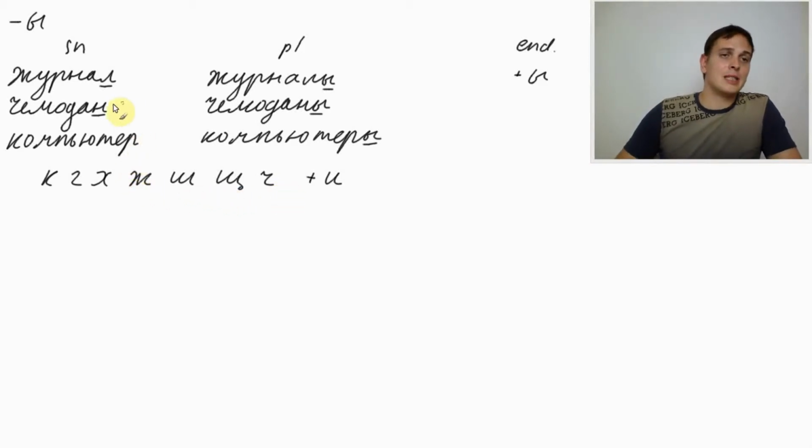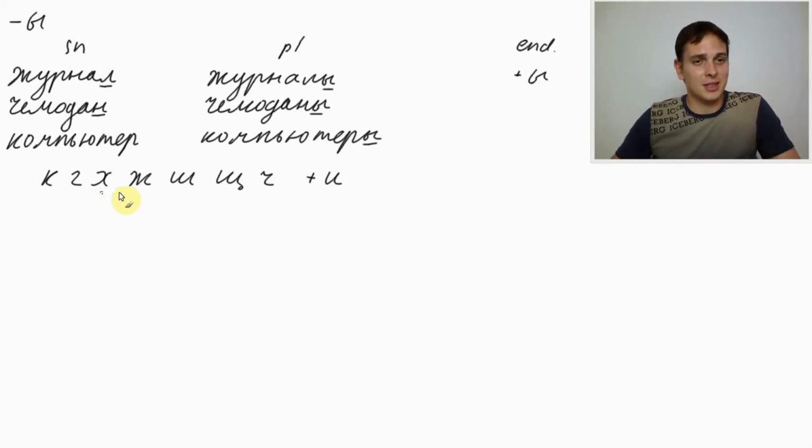Basically, if we see a word ending in consonant, then we just need to see if one of these consonants is the ending consonant. If it's not, we're ending with "ы". If it's one of those consonants, we're ending with "и". So I hope you will learn these consonants. They're important, and the spelling rule is important, especially even Russians are making mistakes, and it takes for children in the school quite a lot of time to learn this rule.